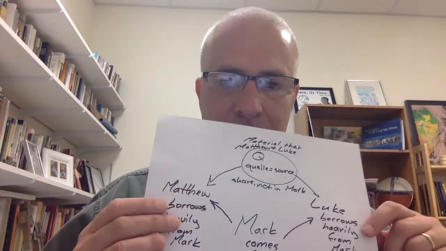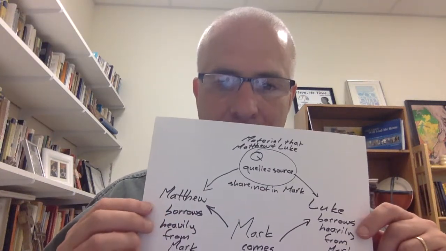And so it seems as if Matthew and Luke must have had available to them some source that we don't have, that some mysterious source. And so this is called quell for just the source that's out there somewhere, or it's called Q. And this is any material that is in Matthew and Luke but is not in Mark.